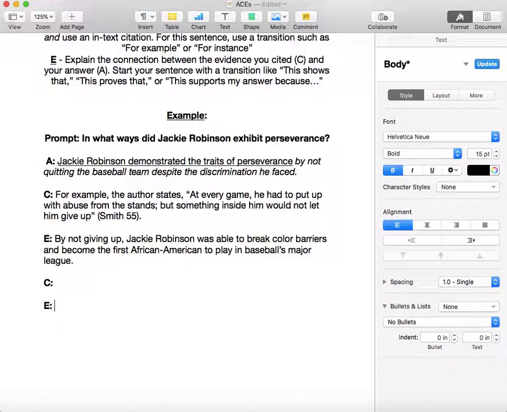So if, say, we were reading a book on Jackie Robinson, I would go back to the book and find another quote, and then I would explain the connection between the quote, so my C, and my answer, which was my A. That's it. That's how you write a well-constructed response.